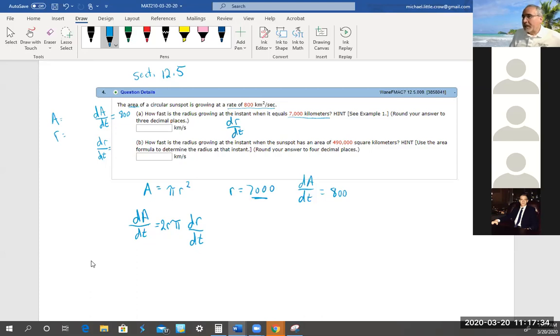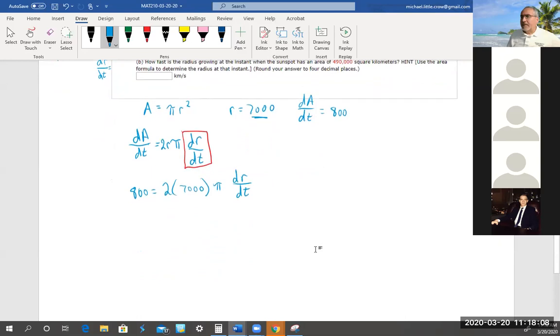Actually, we don't need to calculate A here, because the question is what is dr/dt? We can get that because we know dA/dt, that's 800. We're given r is 7,000. And here's dr/dt. So we just go ahead and do all the multiplying.